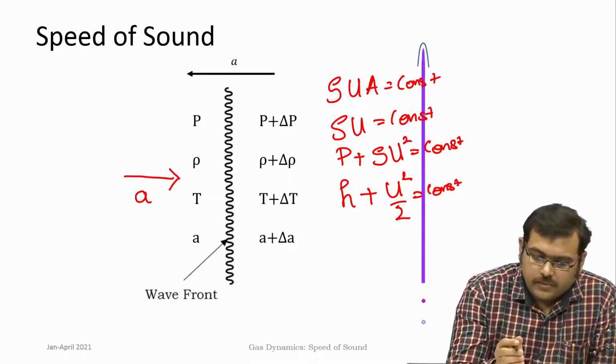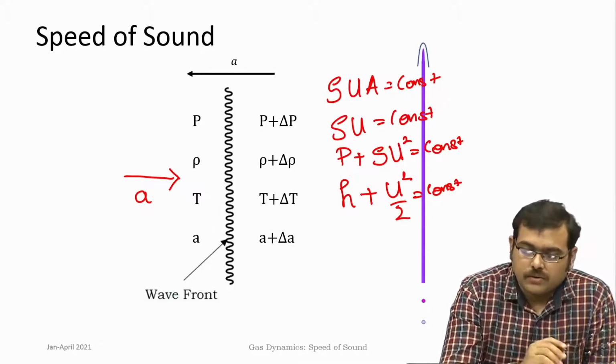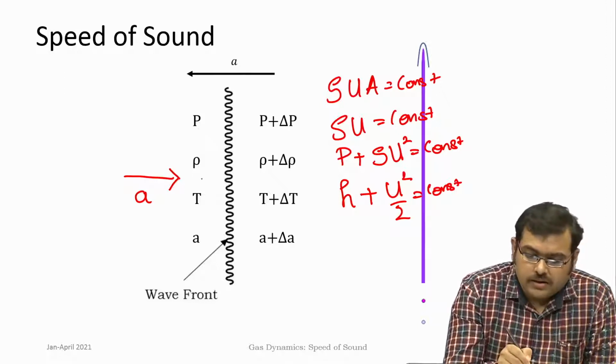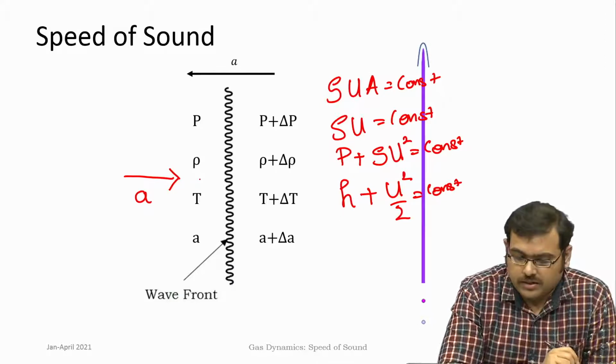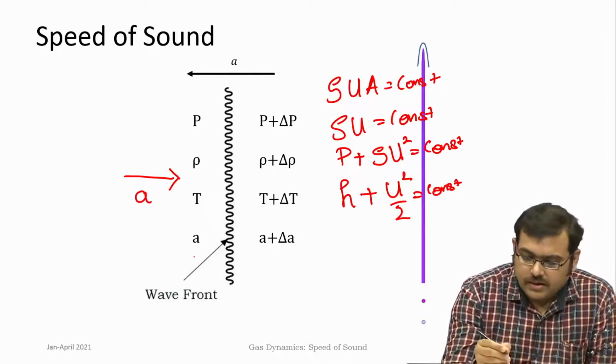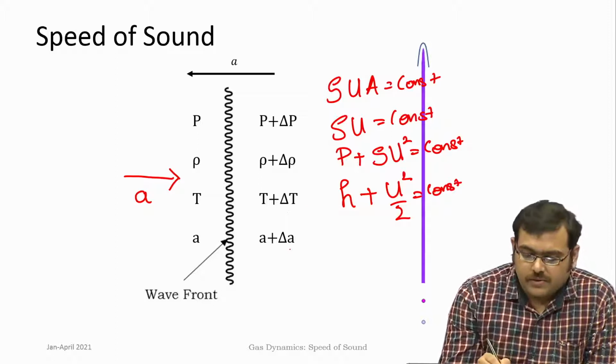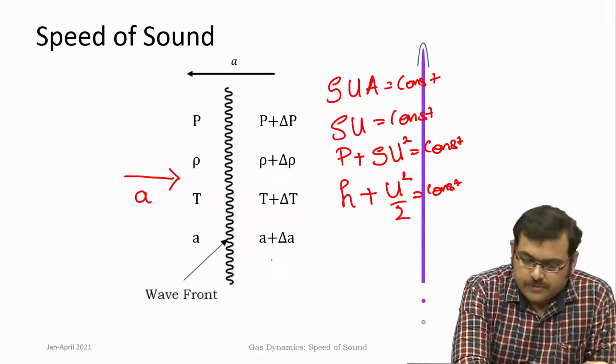Now, as the sound wave passes over, it introduces a small change in the local static pressure, temperature, and density, as well as the speed. That small change is represented by delta p, delta rho, delta T, and the small change delta a.